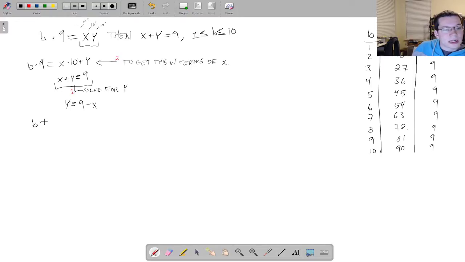So then we have b times 9 equals x times 10 plus 9 minus x. So now we have b times 9 equals 10x minus x plus 9. Well, now hang on, we can combine these. So we have 9b equals 10 x minus 1?